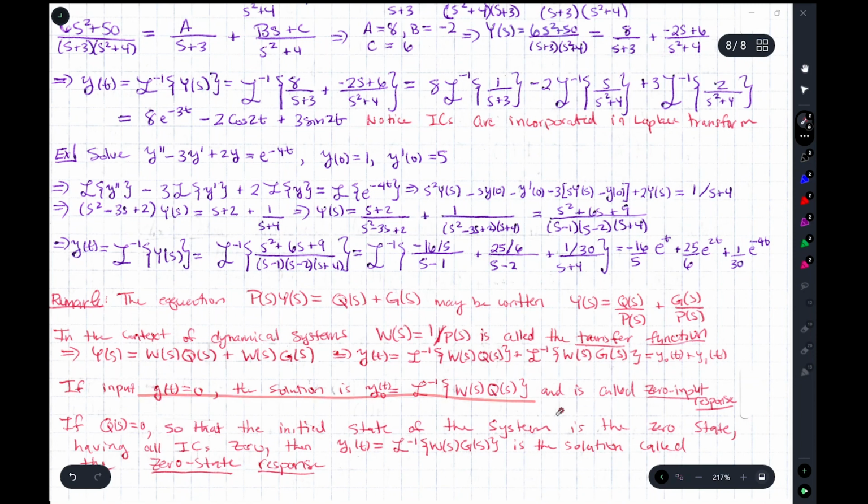So in this case you get the zero input response. This case here, where the initial conditions are 0, is called the zero state response. And so this just shows you that the Laplace transform can help us decouple those two aspects, input and initial conditions, okay? So that's just important, in particular when discussing dynamical systems.